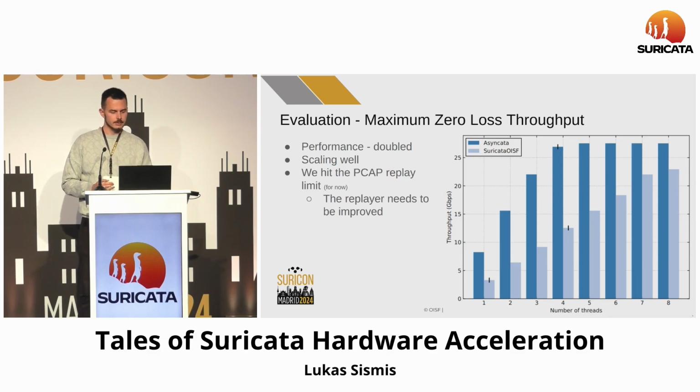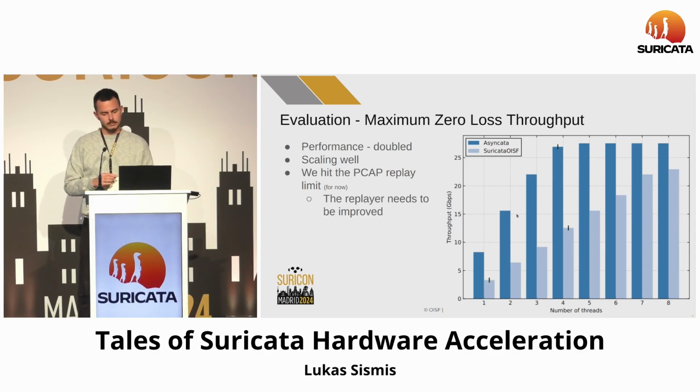What we can see here is that one core, in this case, is noted to reach 3 gigs, while the dark blue, the async-Cata, or the asynchronous SuriCata, reached at least 7 or 8 gigs. Basically, the proposed solution scales well with the increasing number of cores.